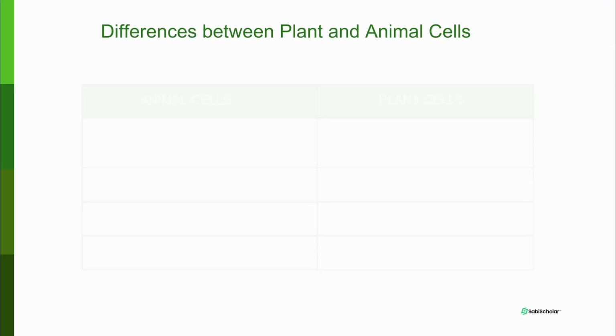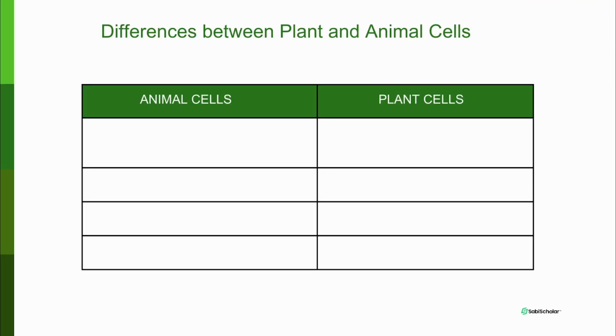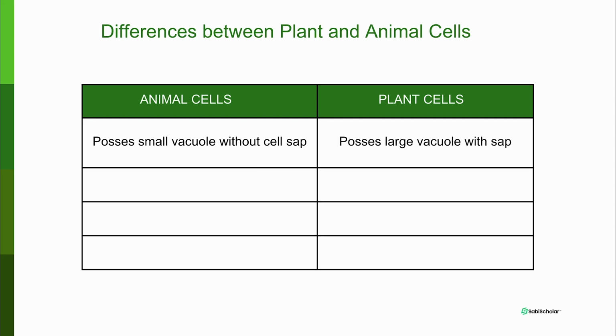But then there are also differences that exist between the plant and animal cells. We'll just go over them very quickly. Now, for animal cells, they possess small vacuole without cell sap, while plant cells possess very large vacuole with sap. Then animal cells have cellulose cell wall absent, while the plant cell have cellulose cell wall present.